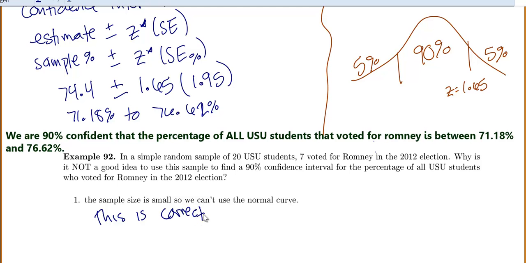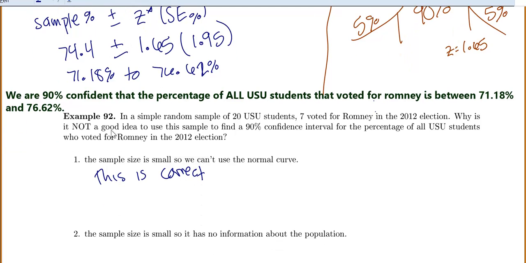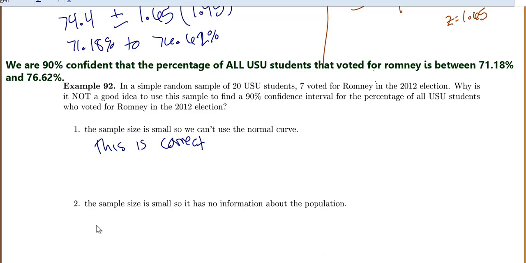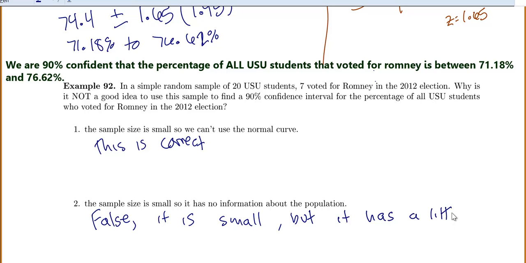Let's go ahead and look at the rest though, just in case it wasn't all of the above. The next one says the sample size is small, so it has no information about the population. Okay. Well, false. It is small, but it has a little info about the population. I mean, it doesn't have a lot of information because it's small, but it has a little bit.